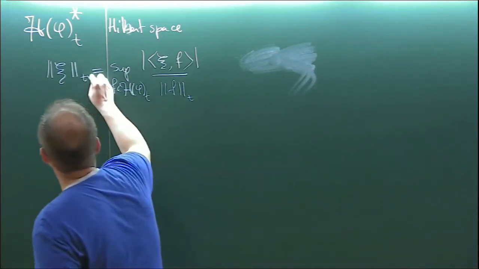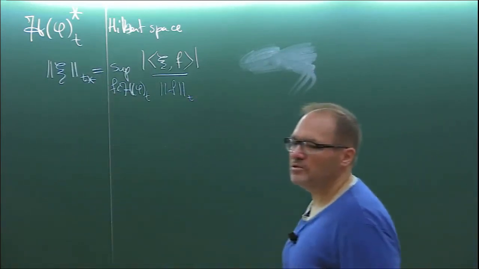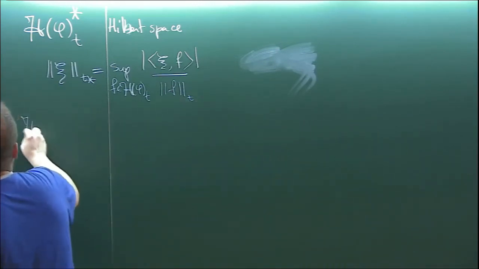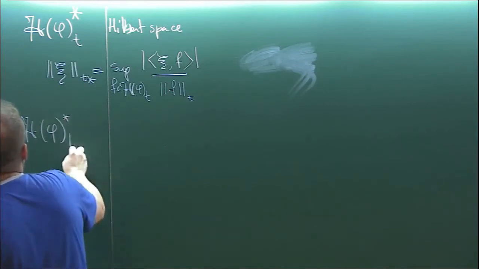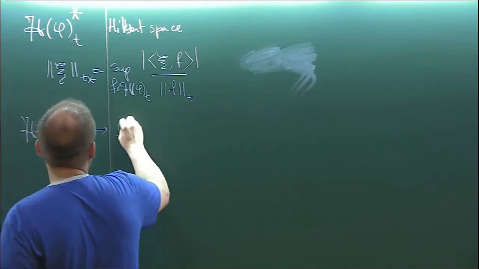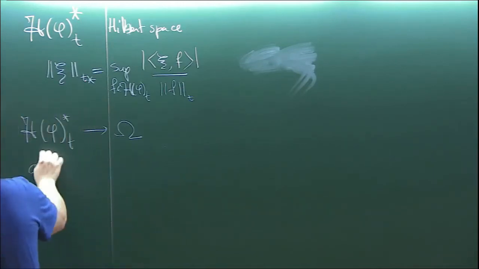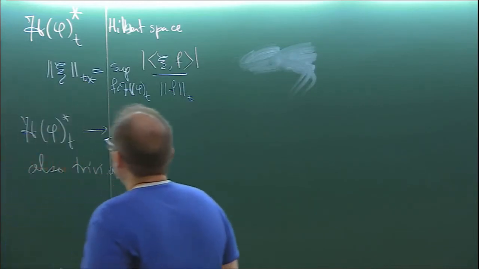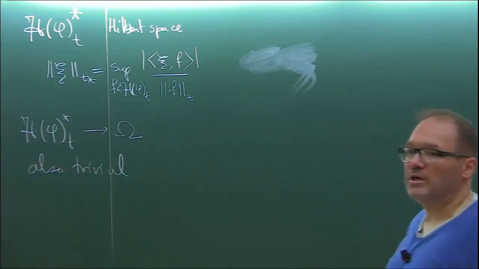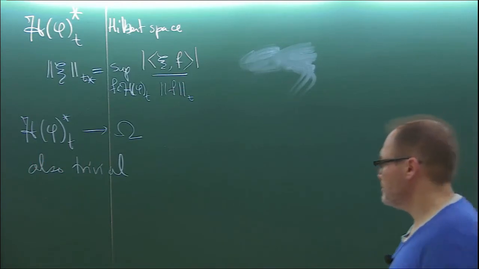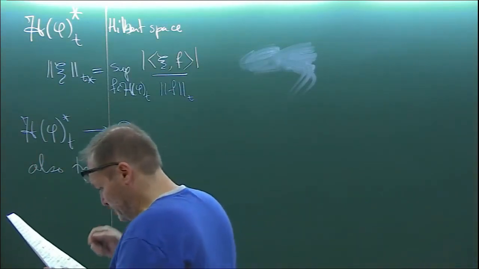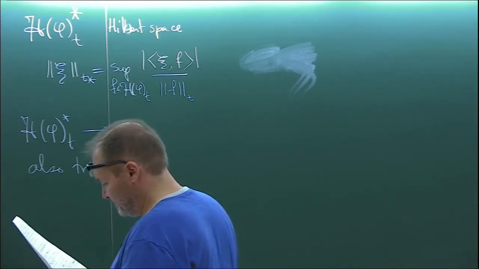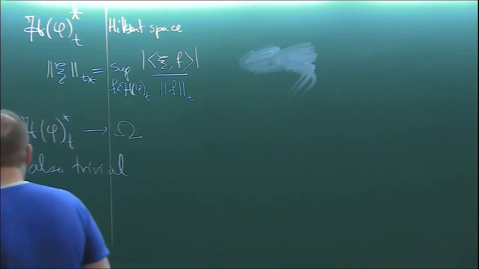So maybe actually let me put a star there to distinguish these two norms. Again, you get a fibration h phi star sub t over omega, and this is also trivial, although it doesn't really matter to us that it's trivial. But the norms again are only quasi-isometric. So what's a section?